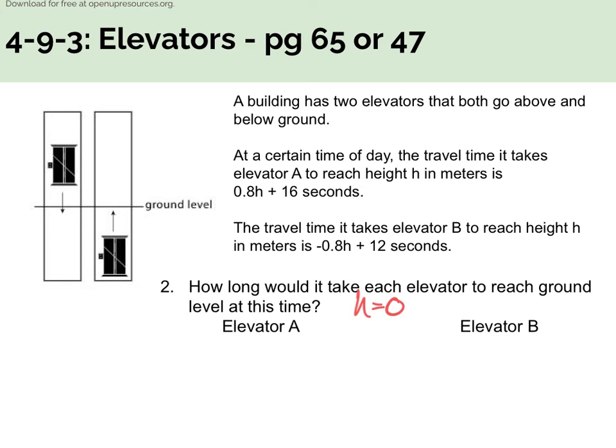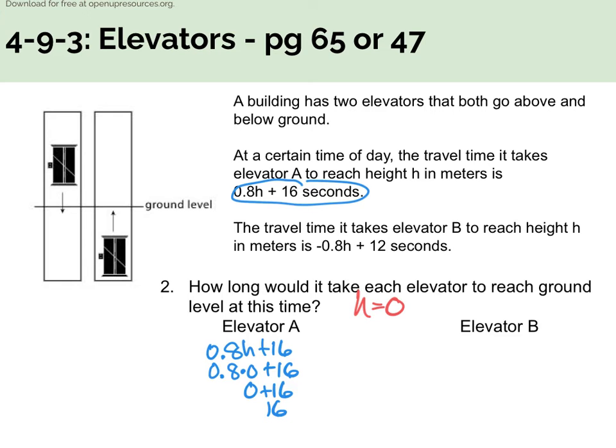So remember, elevator A is 0.8h plus 16 seconds. Let's take the h, and remember h is going to be 0. So we're going to do 0.8 multiplied by 0 plus 16. Grab your calculator. 0.8 times 0 is 0. 0 plus 16 is 16.